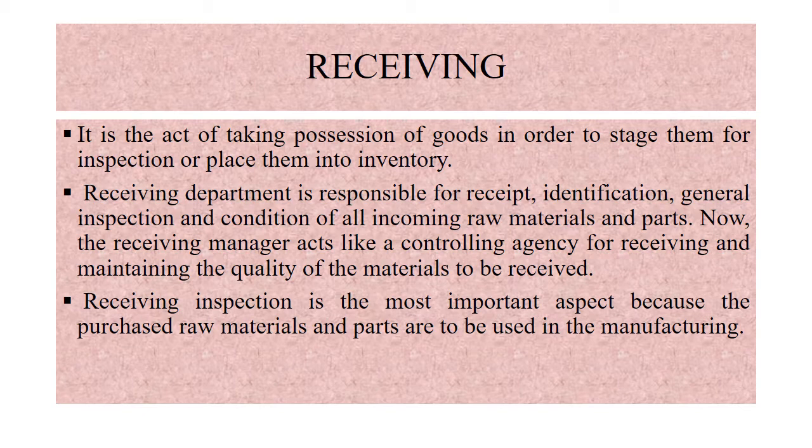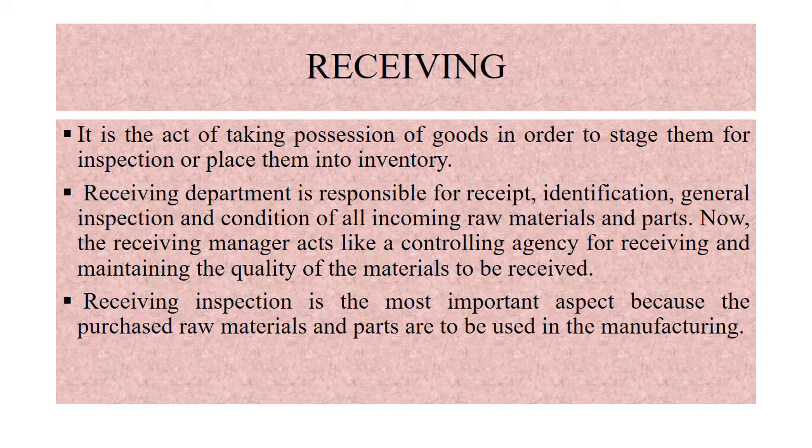Receiving inspection is another most important aspect because the purchased raw materials and parts are to be used in manufacturing. After verification of the materials, the receiving clerk will prepare a report or a document called Material Received Note or Goods Received Note.